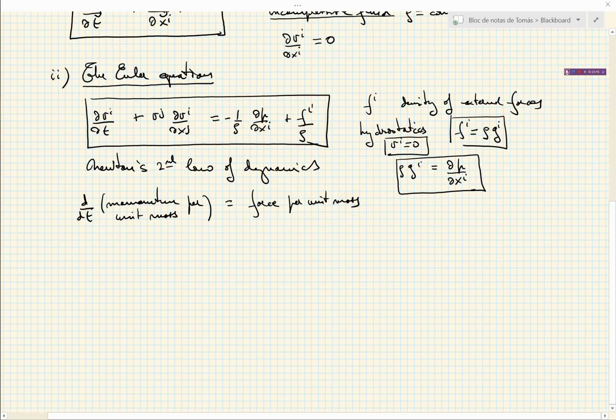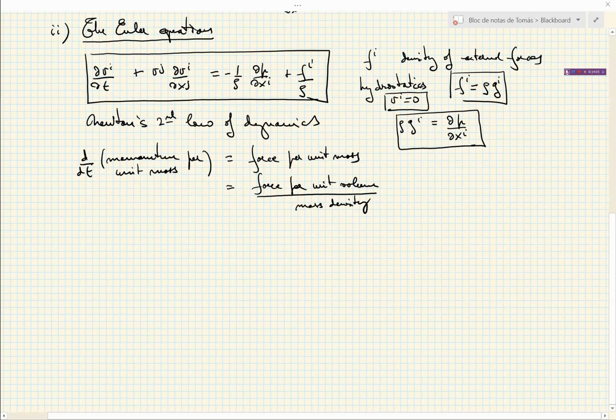This is basically Newton's law, but per unit mass. And this force per unit mass will be the force per unit volume divided by the mass density. Just check the units to be convinced that this is true.